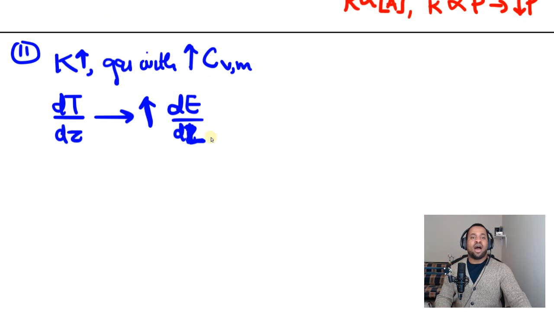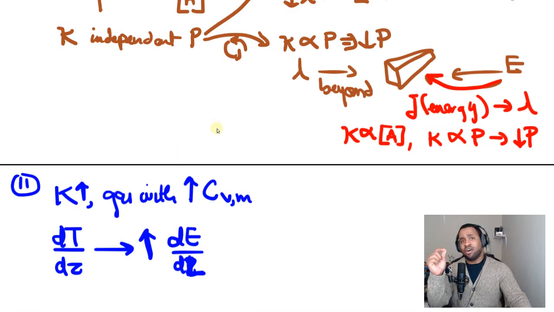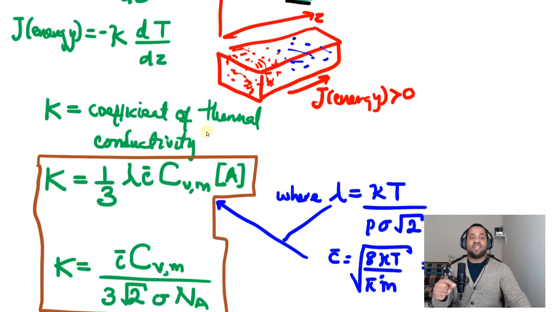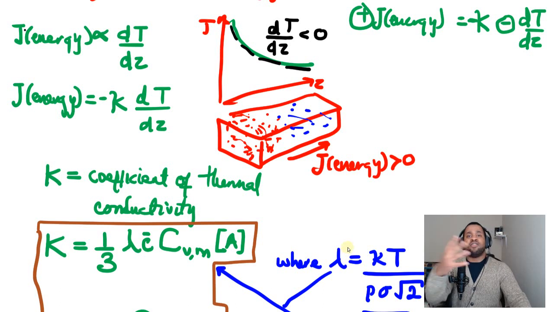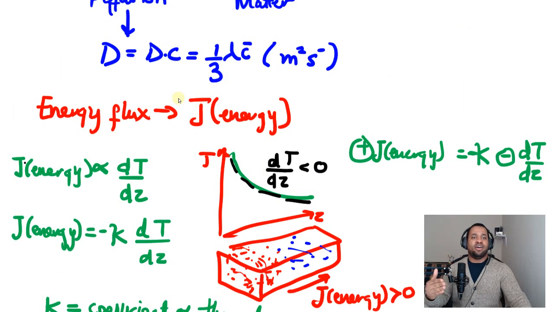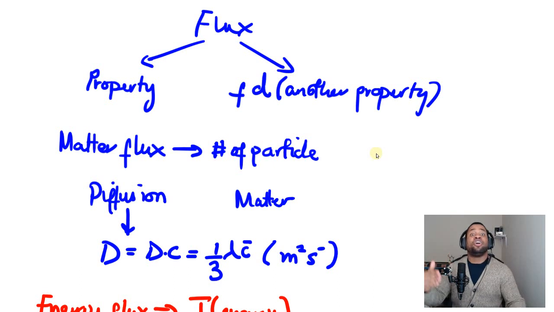So that's about it for our understanding of the K value, which is the thermal conductivity of that particular gas in terms of its constant, with other variables that we've experienced, not only the mean free path, which is the distance between particles before they collide, but also the mean speed, where speed of particles plays a huge role in the overall distribution of energy from one part to the other, and how this is important in understanding how energy flux is highly connected to energy, just as we have diffusion connected to matter.